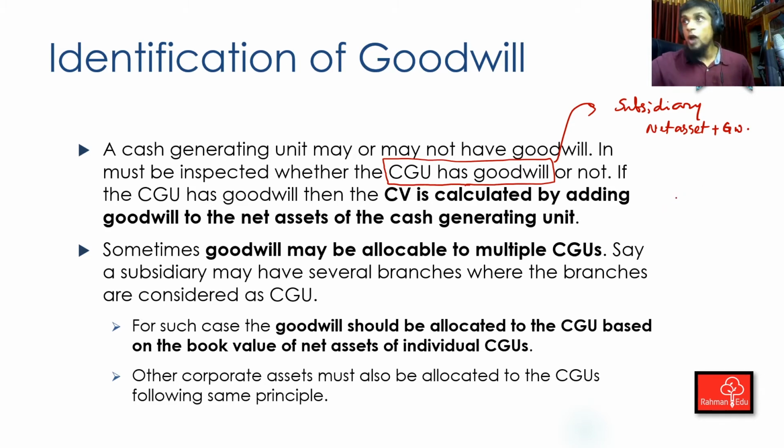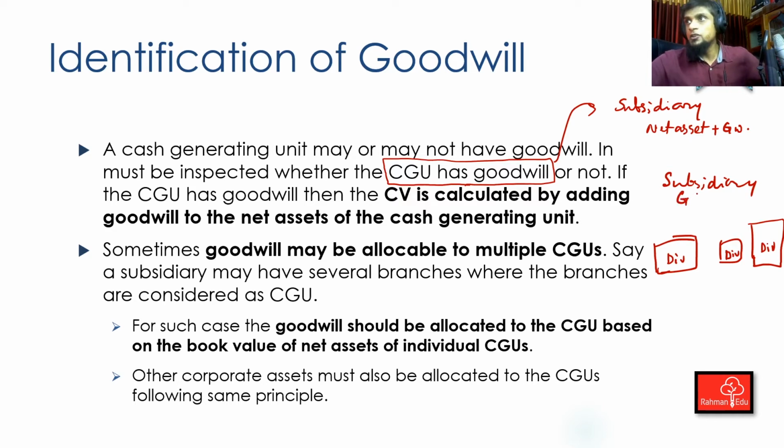If it is a branch of a subsidiary or a division of a subsidiary, there goes the subsidiary, and the CGU is a division. The subsidiary has many other divisions, big and small. The subsidiary had the goodwill, not the division, $30 million. This is our target CGU.